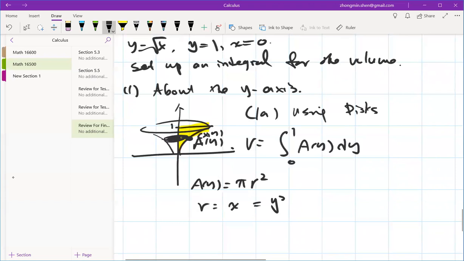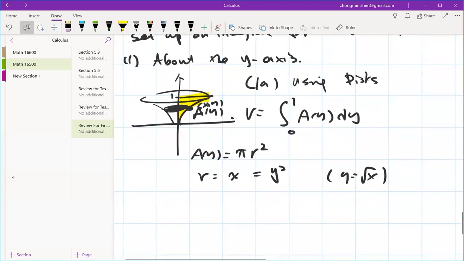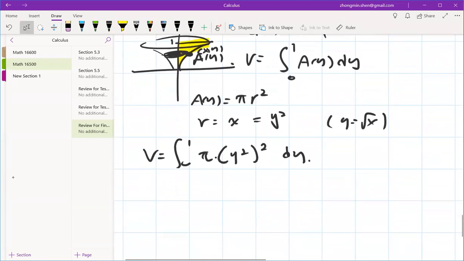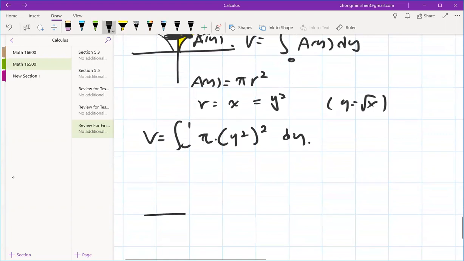So x is just equal to y squared. Now you plug them into the formula. You get pi times y squared, squared, dy. So this is the integral for this volume. Okay, let's do the next one.